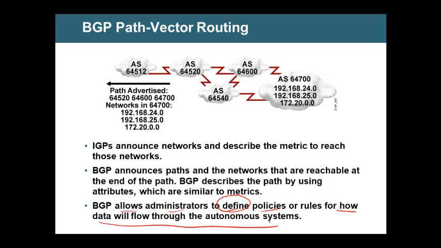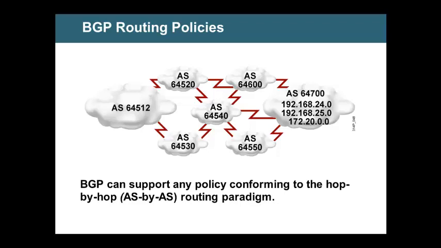Now BGP, most of the time, not all the time, works like a distance vector protocol, RIP. How does RIP work? Hop count, no? Now, for this autonomous system's members, if you go this way, it is only one hop.